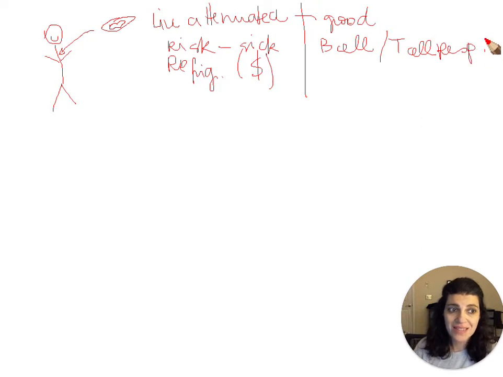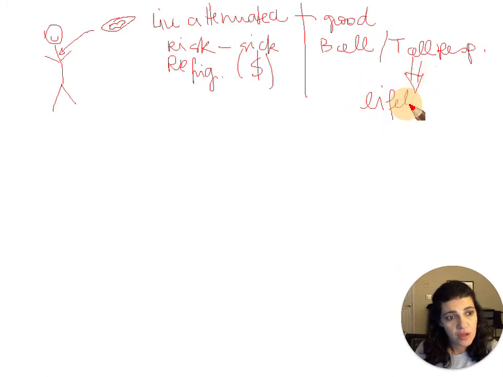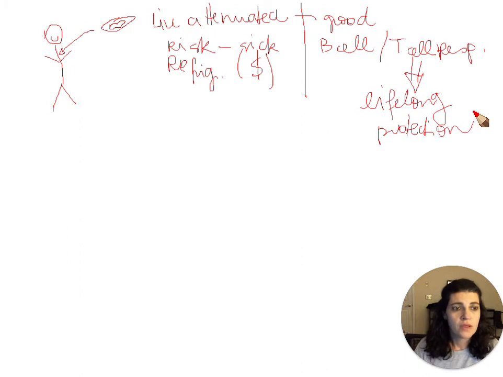And what I did not tell you earlier is that the T cell response is the one that causes a lifelong memory or protection. So no need for boosters here, okay?